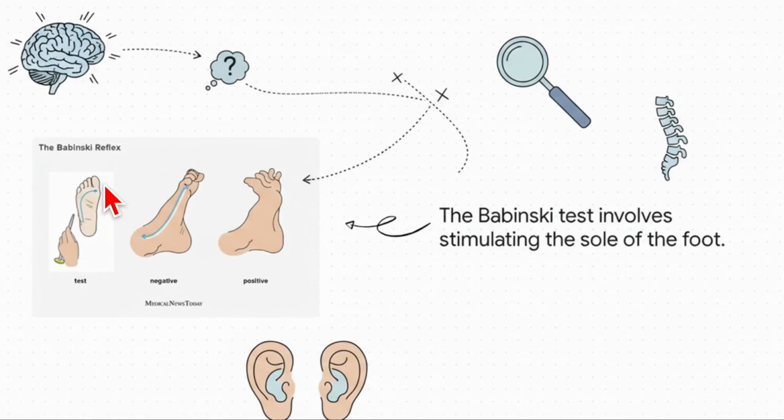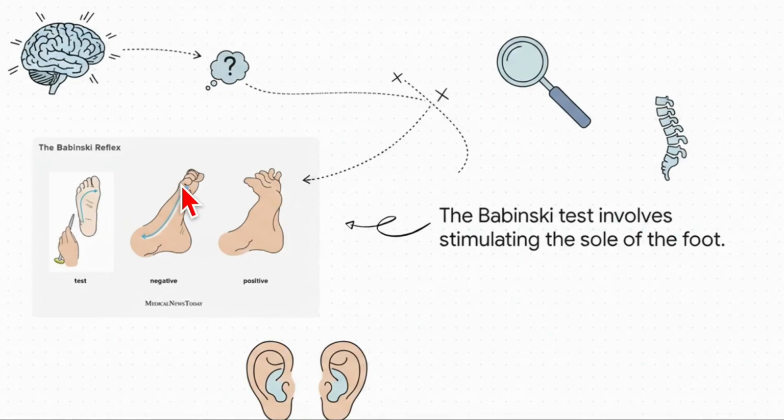A positive response means your thumb goes upwards, and the other fingers go to the opposite side. Only the thumb will have a backward or upward pull, the rest of the fingers will be on the other side. Positive is indicative of a lesion, which I'll come to.